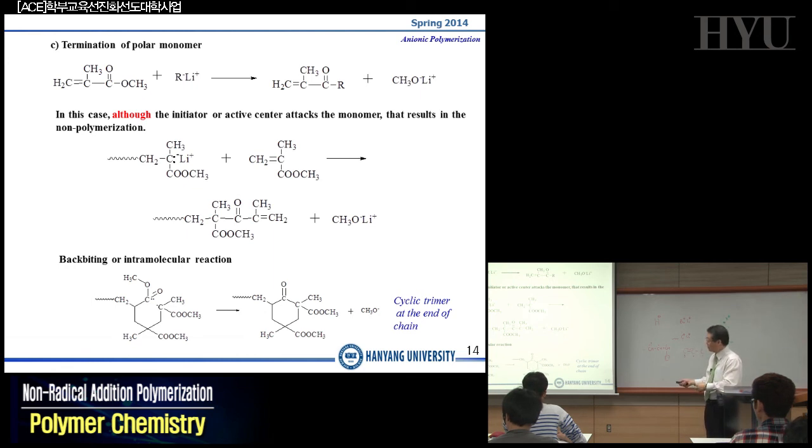So you form cyclic components without any active sites, right? And this is what we call backbiting. Backbiting comes from the snake, right? The snake will attack its own tail, so the term backbiting comes from this image. So this is one of the possibilities.